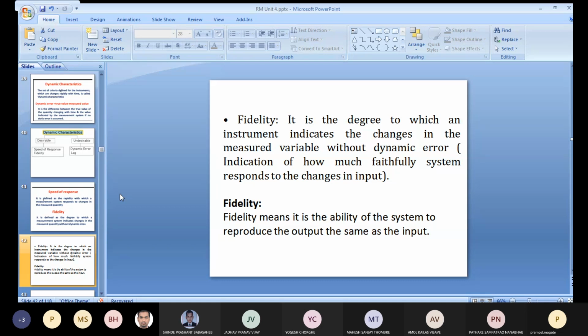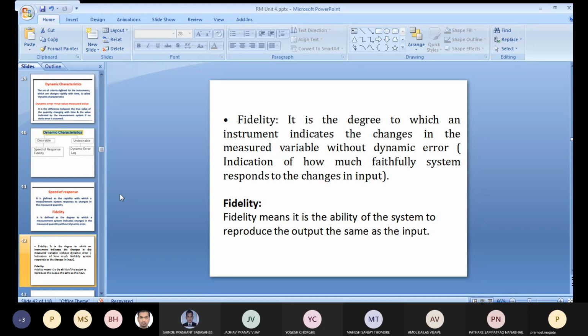So this is very important. Why is this very important? This is about the instrument we are talking about, and if the instrument does not properly maintain fidelity, then errors will occur many times.